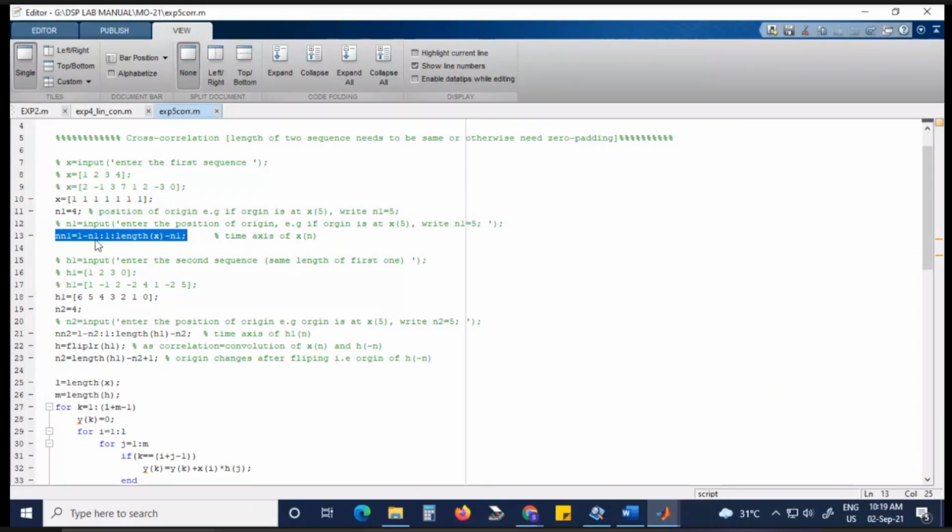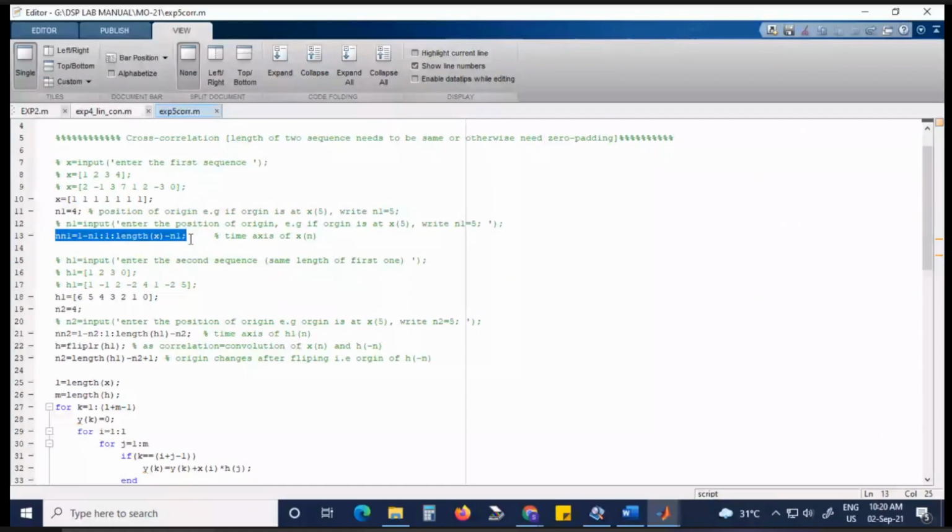So first it starts from -3, then -2, -1, 0, 1, 2, and it will go up to length of x, which is 4 plus 3, 7. 7 minus 4 means 3. So minus 3 to plus 3 is the time axis for the sequence x.